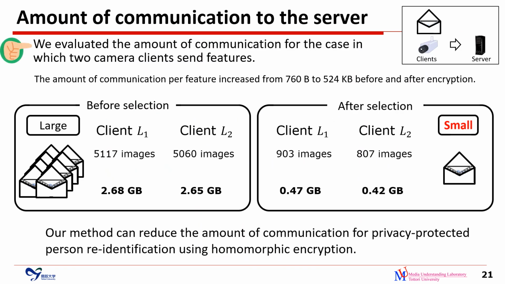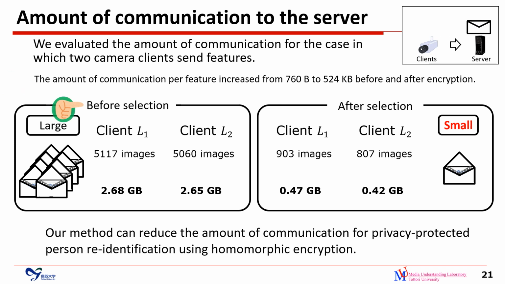We evaluated the amount of communication for the case in which two camera clients send features to the server. The amount of communication per feature increased from 760 bytes to 524 kilobytes before and after encryption.